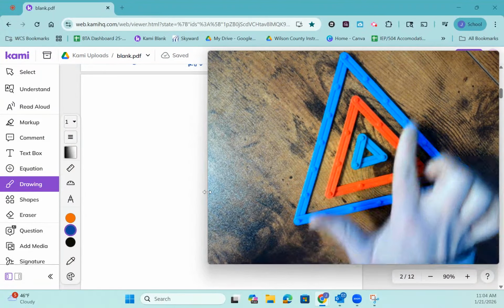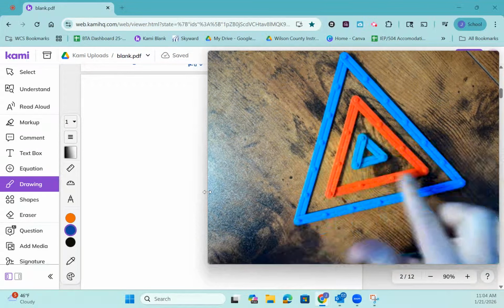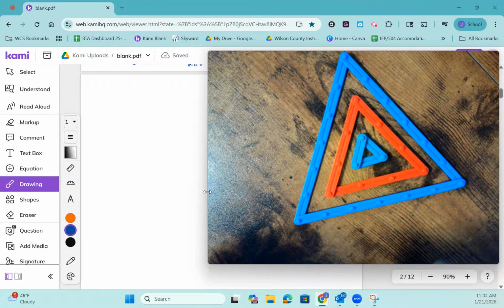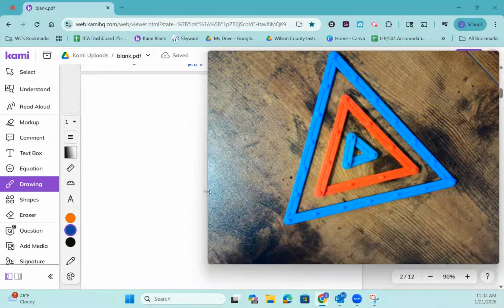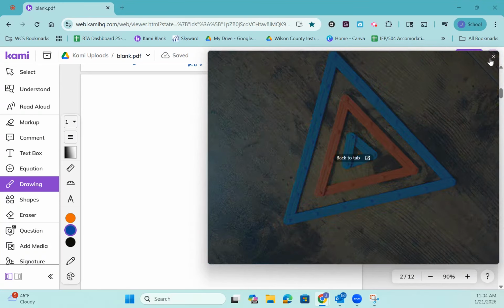These are called similar figures. They are similar, their angles are all the same, but the side lengths are different. So we're creating similar figures when that happens. So this was a talk about triangles.